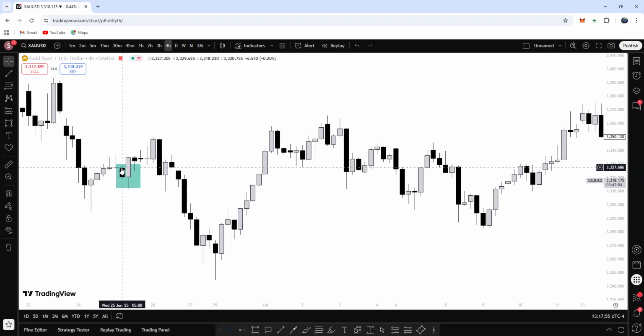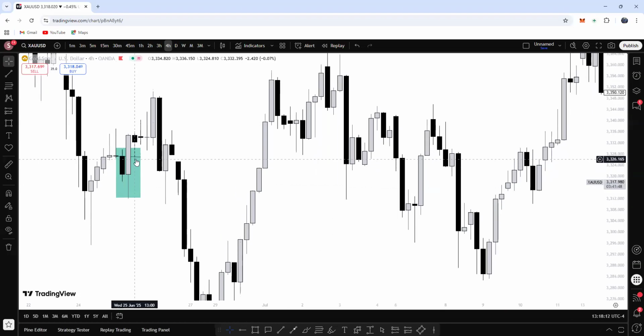Complete engulfing. It closed above, both body and wick. It engulfed this candle completely, added into it, then moved up. This is complete engulfing.